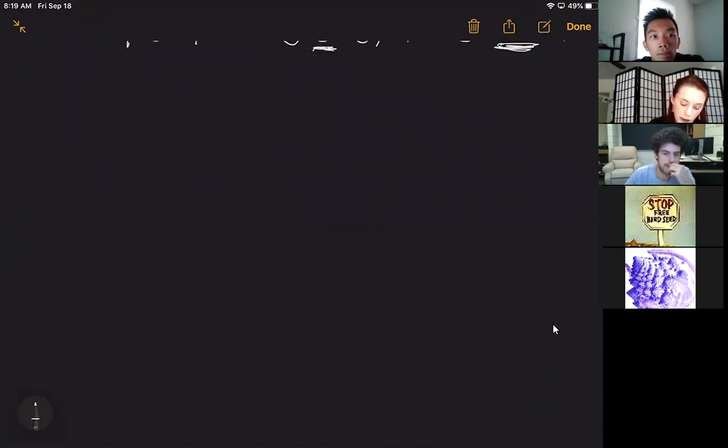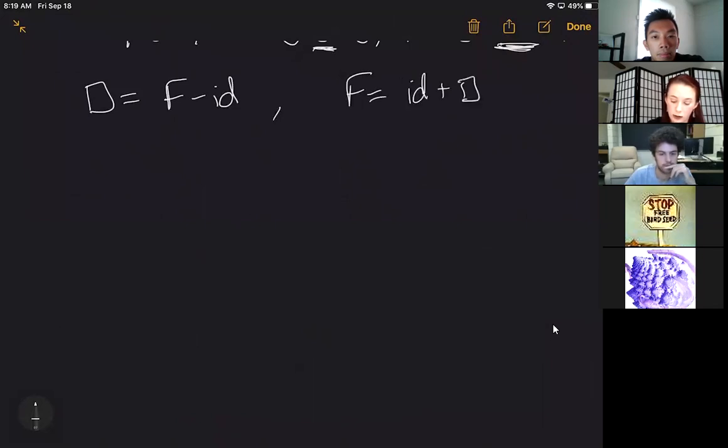So we've defined box to be F minus the identity, where F is given by the Friedrichs construction, and F is equal to the identity plus box. And this is true in the straightforward sense on smooth forms.